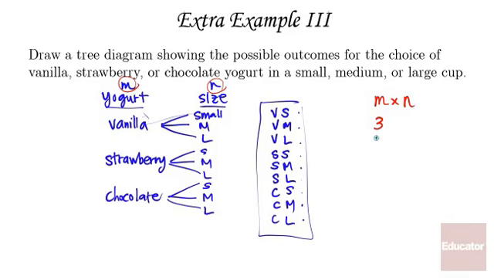That's 3 times how many options do we have for the size? Small, medium, large. We have 3, right? And it's 3. So to find the total possible number of outcomes, it's going to be 9. 3 times 3, 9. And we have all 9 here. 3, 4, 5, 6, 7, 8, and 9.